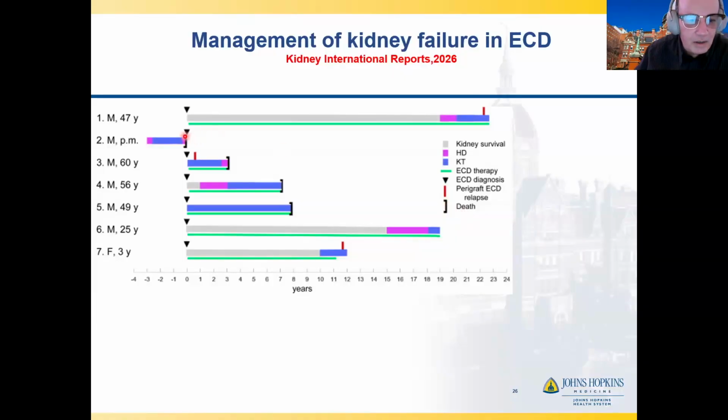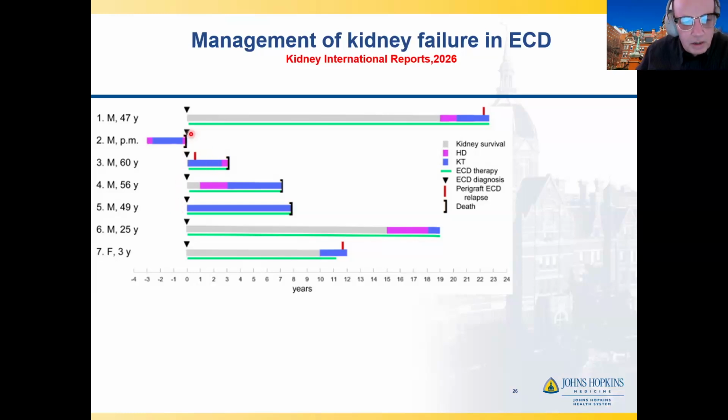So you can see here, death, this is after he died, it was discovered that this patient had Erdheim-Chester. And the blue is the kidney transplant. So this patient had a kidney transplant for about 3 years, and then he had been on dialysis. The pink is dialysis. So he had dialysis before transplant, dialysis after the kidney failed, but then he died.